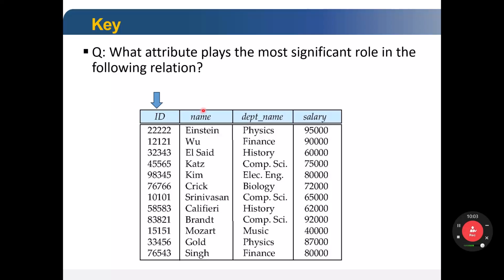Similarly, if you look at name, we don't find any duplicates. So it seems like name can also be used as a key for this table, right? But in the real world, there can be some people who have the same names. So name can be used as a key, but it is not recommended.